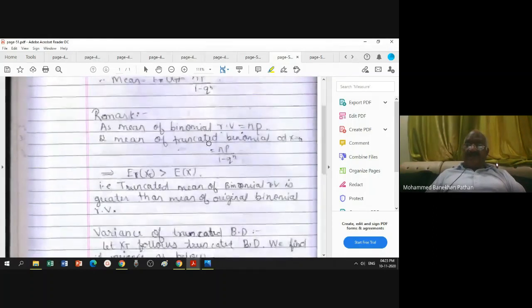So I put a remark. Mean of original binomial is np, mean of truncated binomial is np divided by (1 minus q) raised to n. Again this quantity is divided by some fractional number, so as a whole it will be larger than the original.